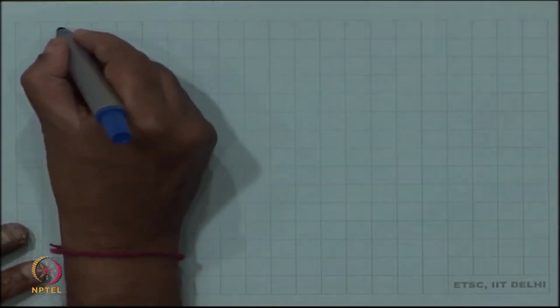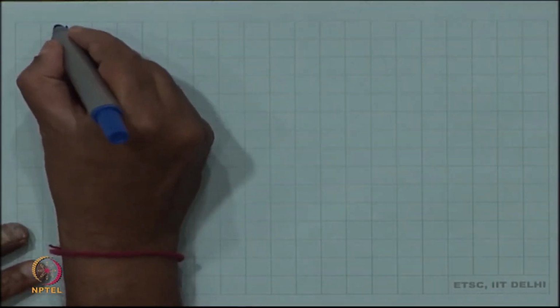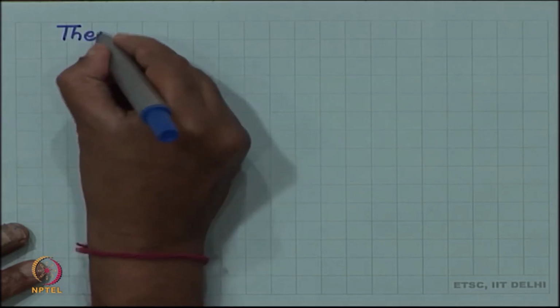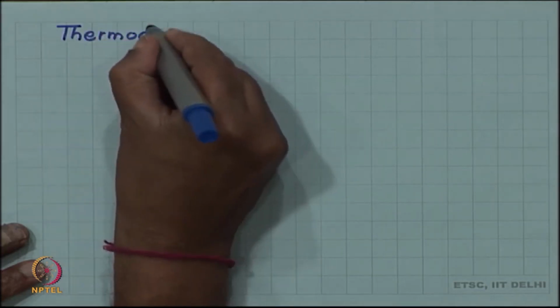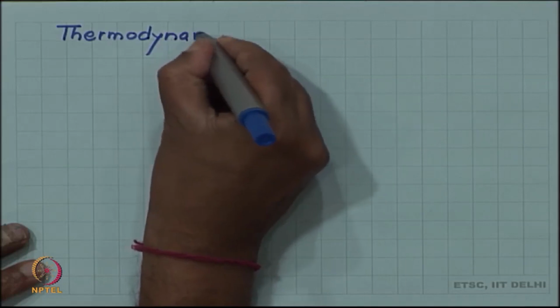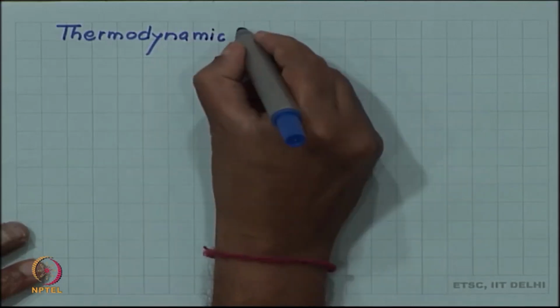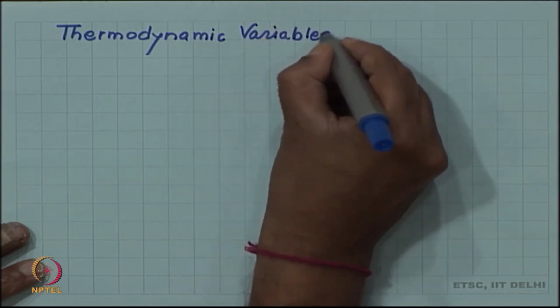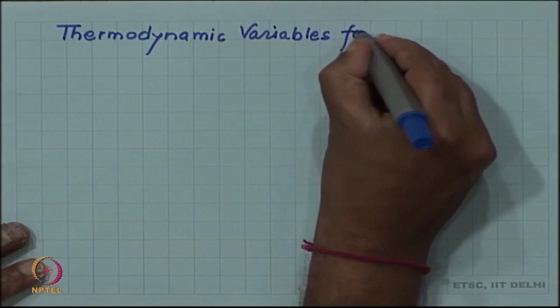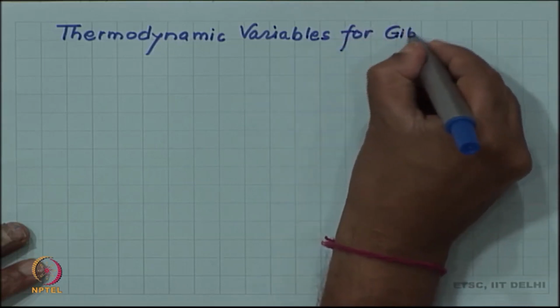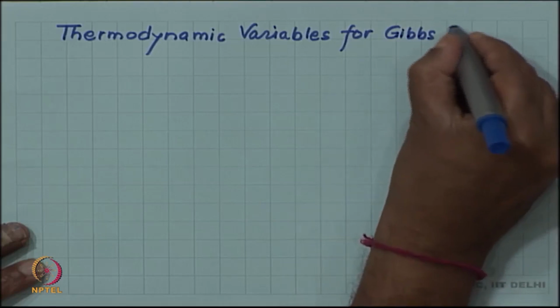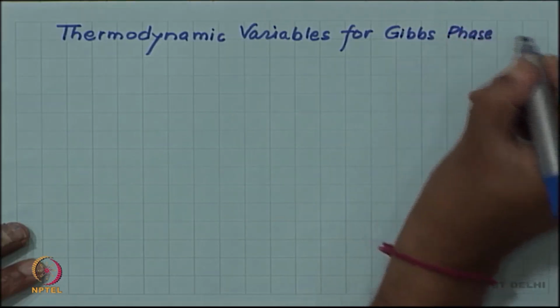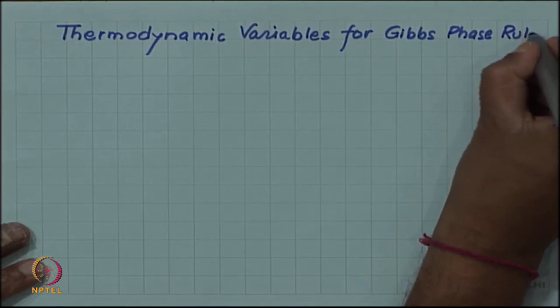So, before we understand degrees of freedom, let us look at what is meant by the thermodynamic variables in this context. So, thermodynamic variables for Gibbs phase rule.